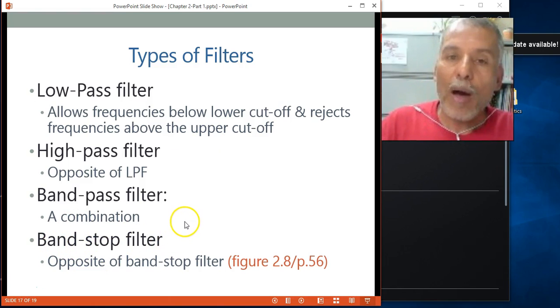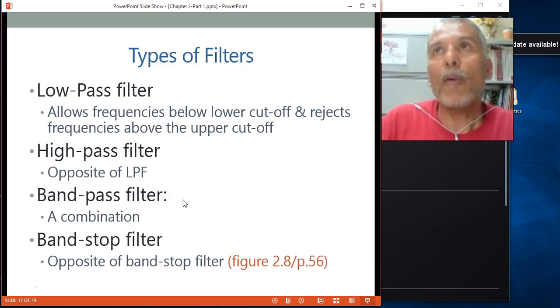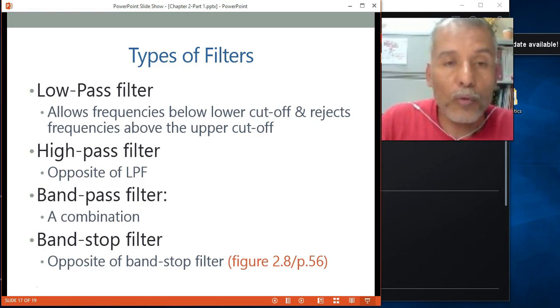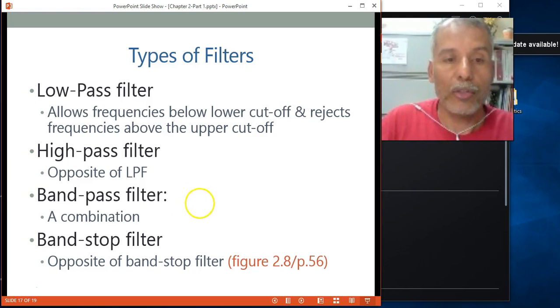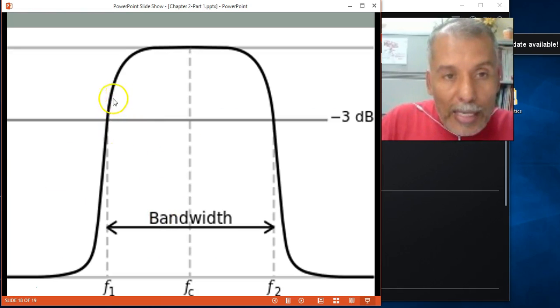The band stop is the opposite. If you want to muffle a sound, or we use it for hearing testing in certain cases. The band stop means it takes the bandwidth and mutes it.